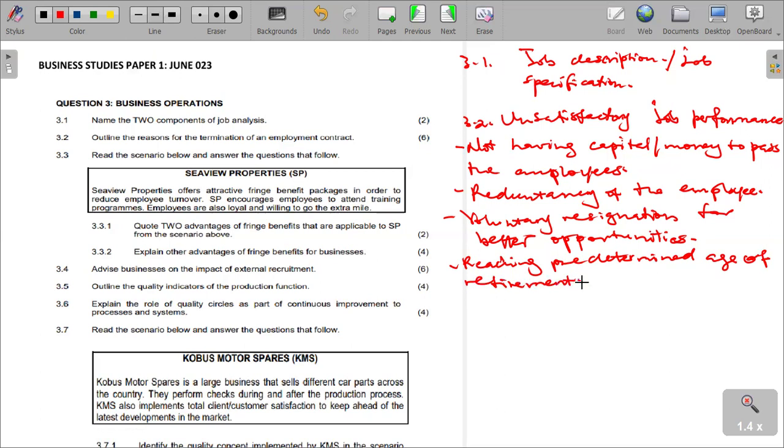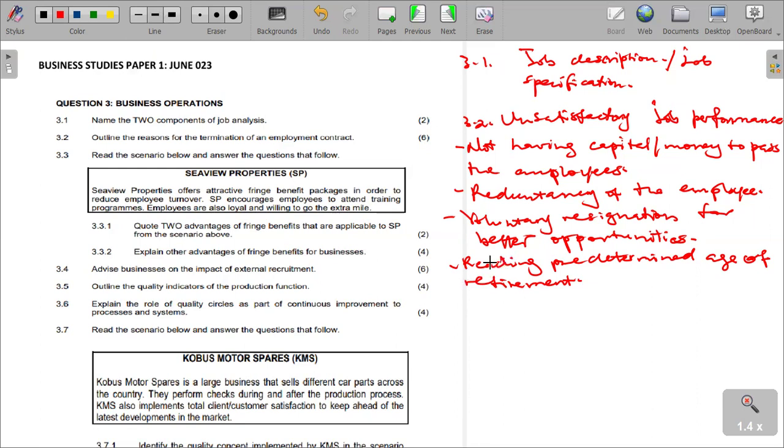An employee can leave because he has reached the predetermined age of retirement, the age that an employee is expected to serve until, and then the person can retire and have the contract terminated.